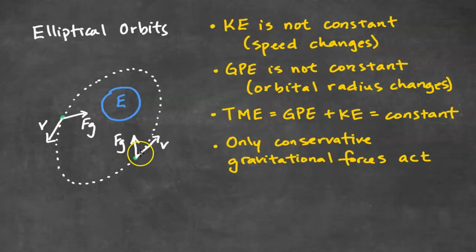And so if the kinetic energy of the satellite increases, that means the speed of the satellite also increases. Gravitational potential energy is not constant because the orbital radius of the satellite is changing, and the total mechanical energy, GPE plus KE, is constant because only conservative gravitational forces are acting on the satellite.